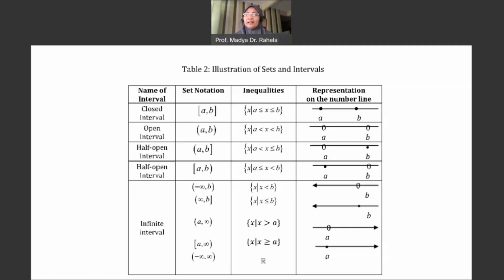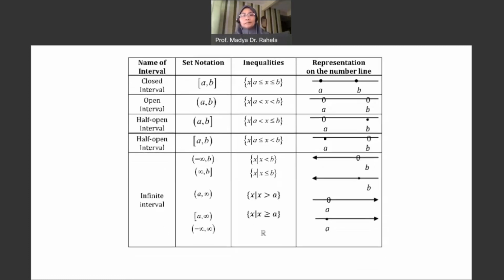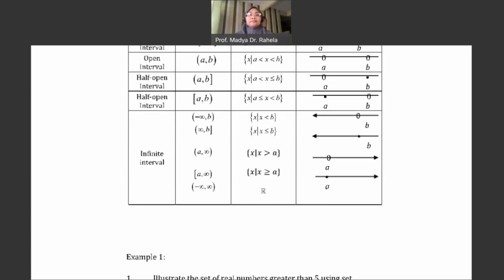Okay, for infinite interval, infinite means that in the set, infinite numbers are included. Infinity is not an existing number. So it's a very large number, but we do not know what the number is.